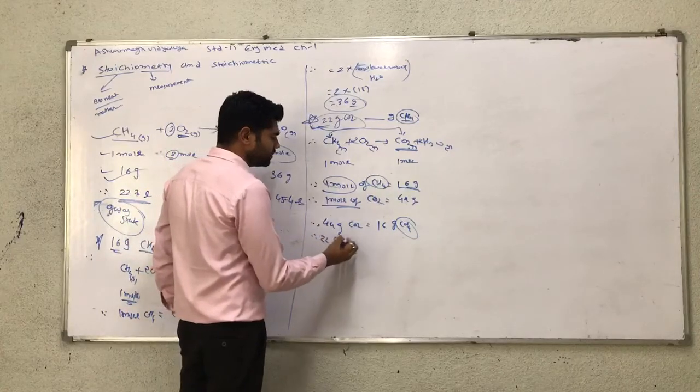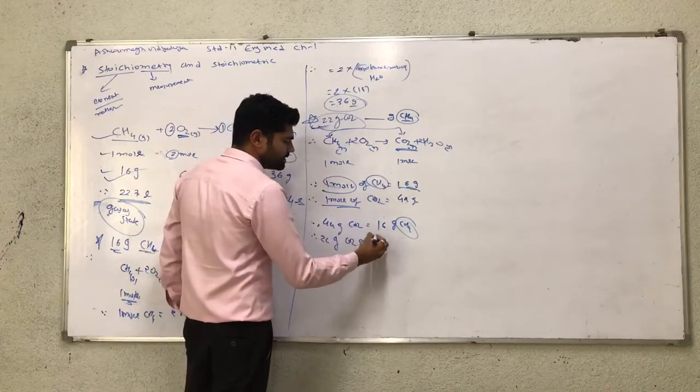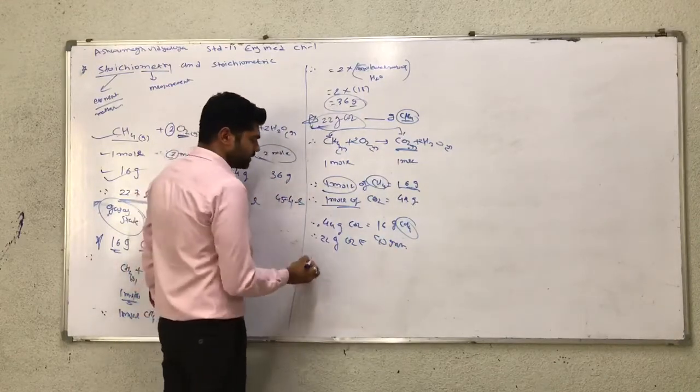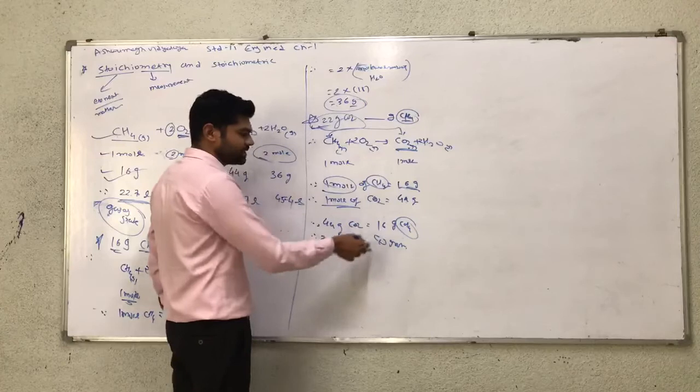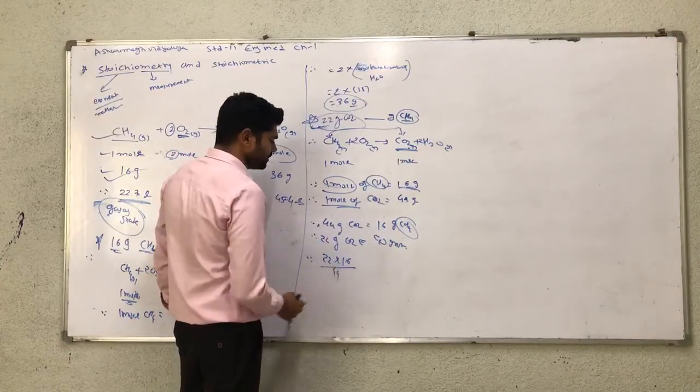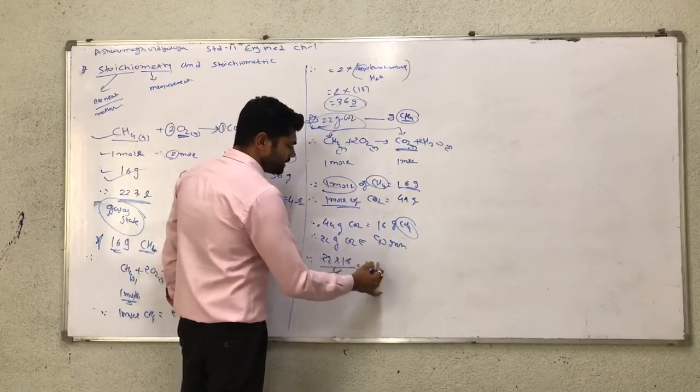Here 22 grams of CO2 is equal to how many grams of CH4? So the answer is 16 divided by 44 multiplied by 22, so the answer is 8 grams.